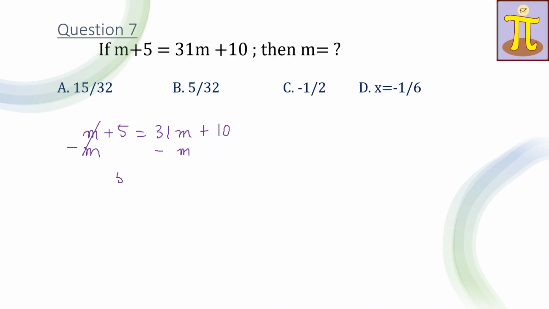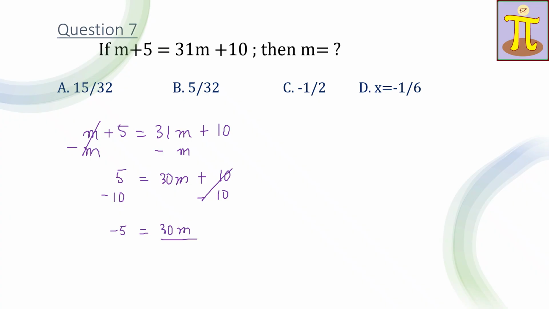I have my 5 equals 31m minus 1m, that is 30m, plus 10. Now I subtract 10 from both sides, this one is gone. 5 minus 10 is negative 5 equals 30m.